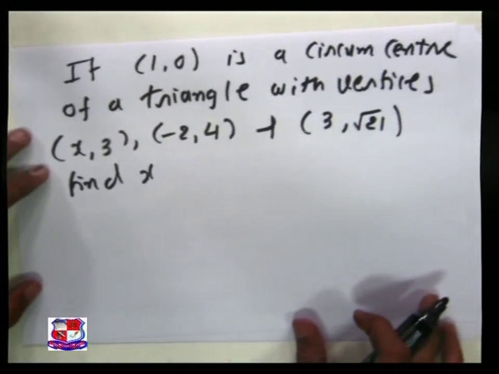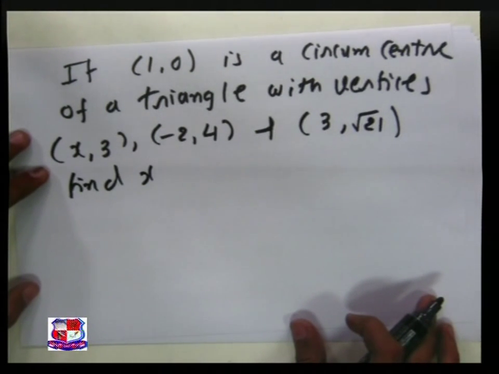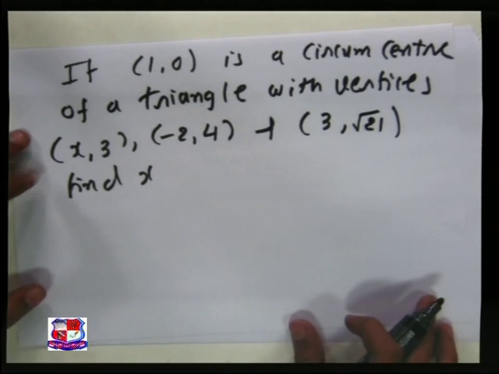Okay, if 1, 0 is a circumcenter of a triangle with vertices x, 3, minus 2, 4 and 3, root 21.